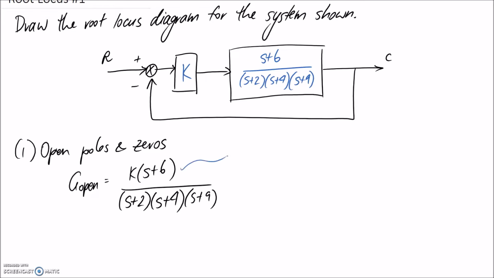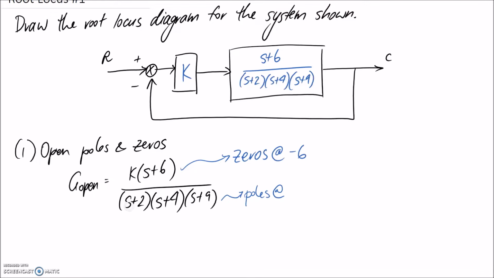Looking at the top line, that's where we're going to get our zeros. We're looking for values of S that will force the whole top line to go to 0, and that's going to happen when S is equal to -6. The bottom line is what gives us the poles. Again, we're looking for values of S that force everything on the bottom line to be 0.